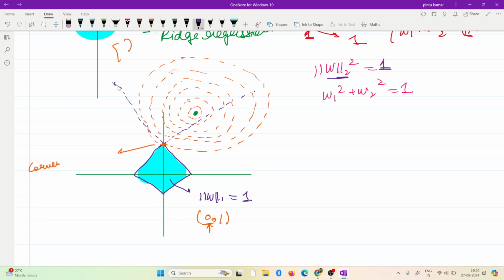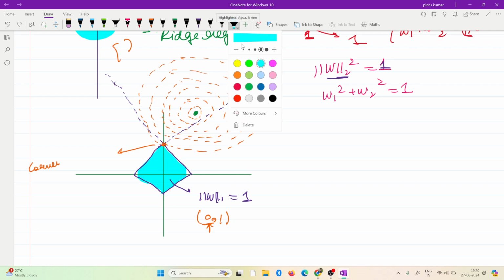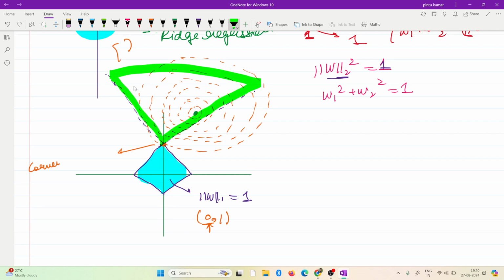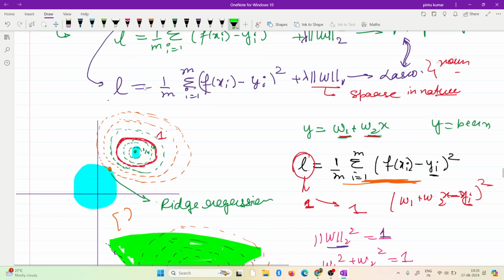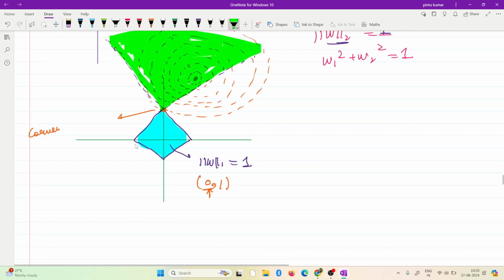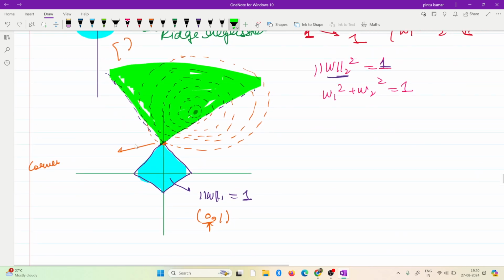So I started at a point within this region. So this region I'll draw. If you see this region, I started within this region and I landed up on that point, right? So what I'm saying is, if I started anywhere in this region, I will land upon these points. I started at a similar point over here also, but I didn't land on this corner point in case of ridge regression.